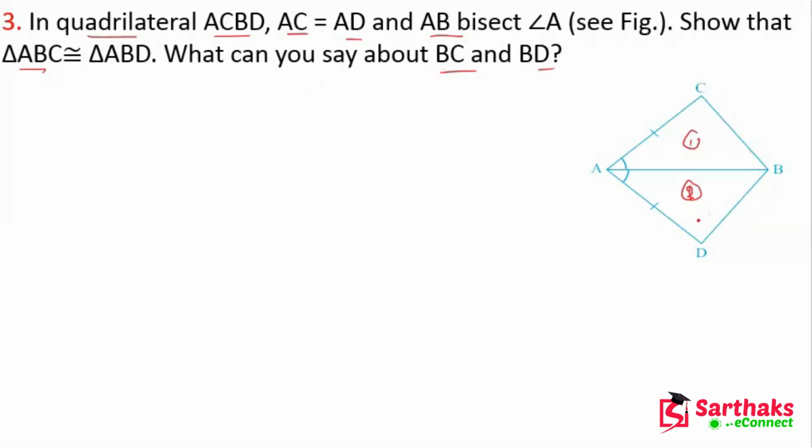So now in triangle ABC and triangle ABD, my dear friends, we can say that AC is equal to AD.